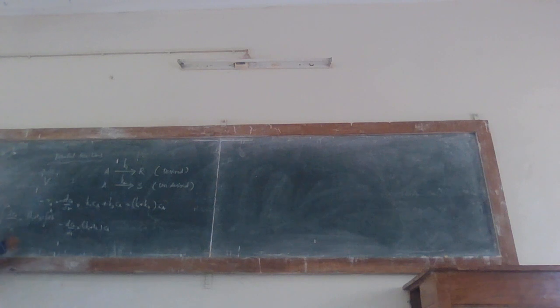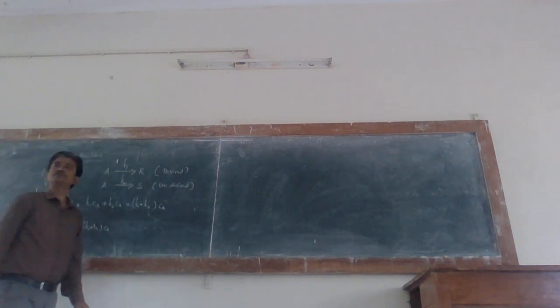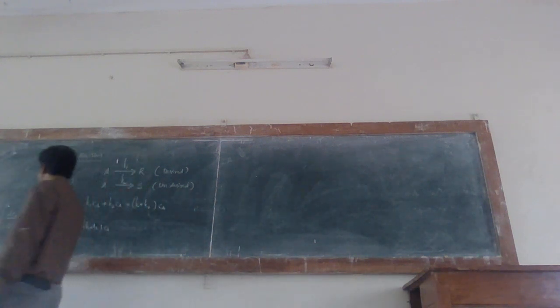Now you can do the final expression: minus ln CA by CA0 is equal to (K1 plus K2) into t. So this is one expression.